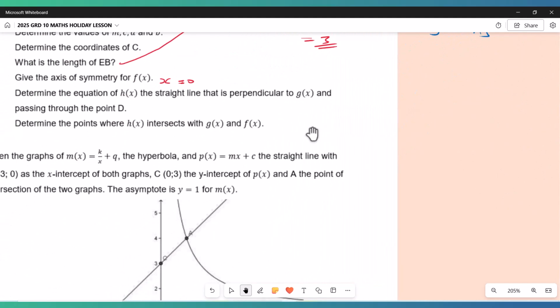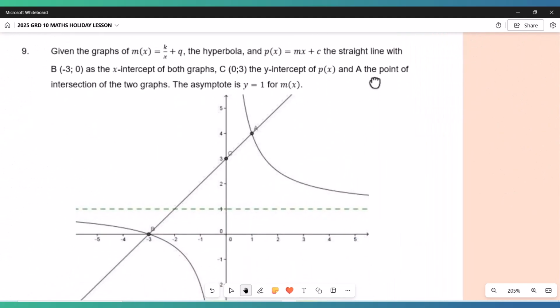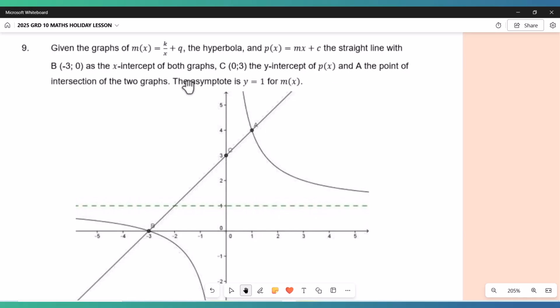They say here that, given the graphs m of x equals k over x plus q, the hyperbola, and p of x equals mx plus c, the straight line, with B (negative 3, 0) as the x-intercept of both graphs, C (0, 3) is the y-intercept of p of x, and A the point of intersection of the two graphs.